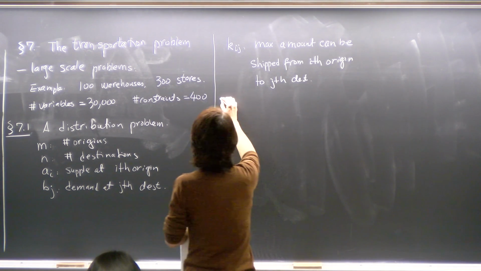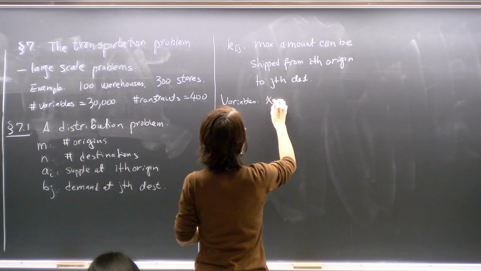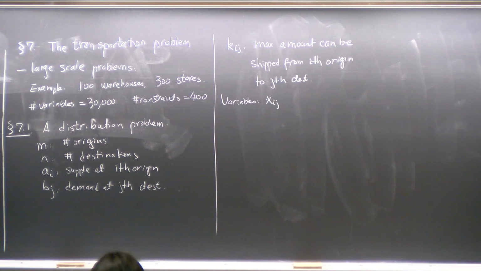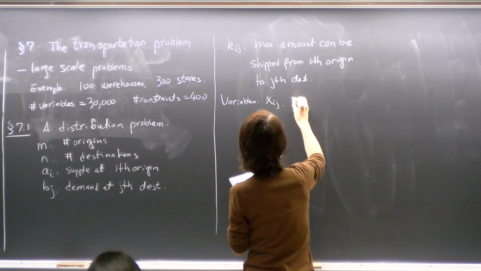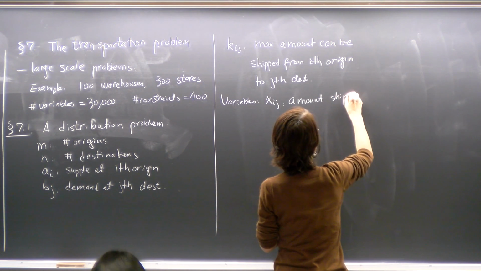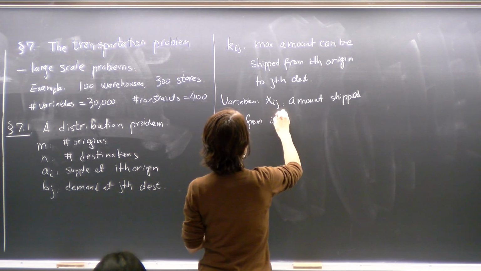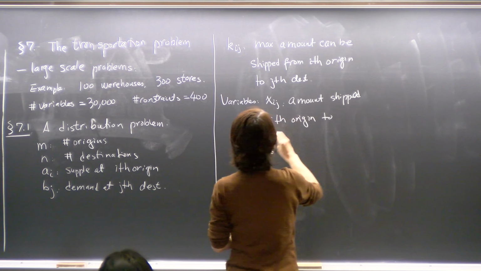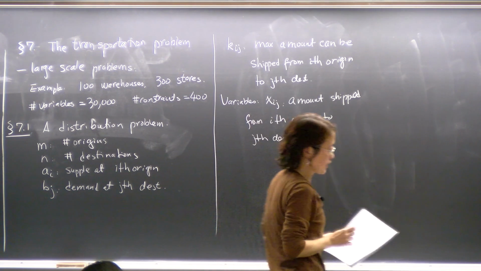And then that's our variable. We'll now define xij. That's like a schedule that you will set up, right? How much you're going to ship from i to j. That's this x, the amount shipped from the ith origin to the jth destination.